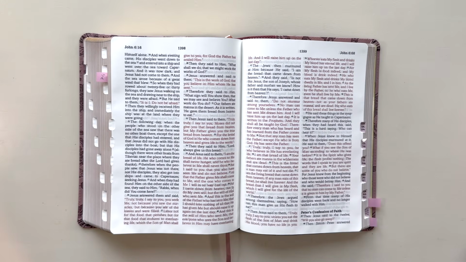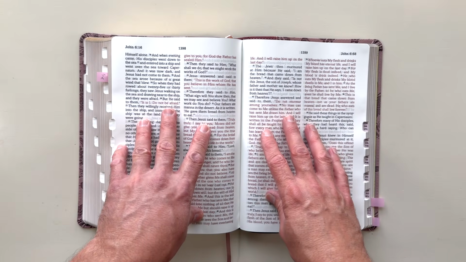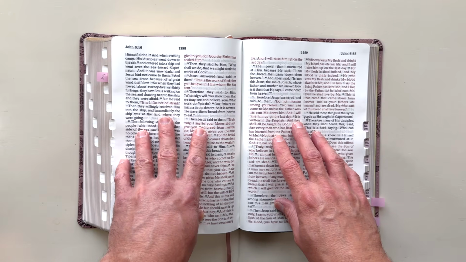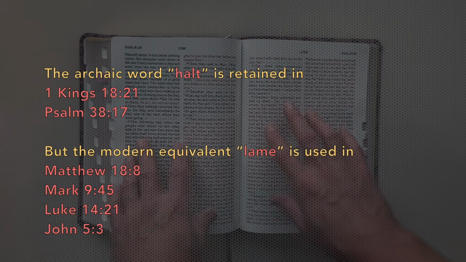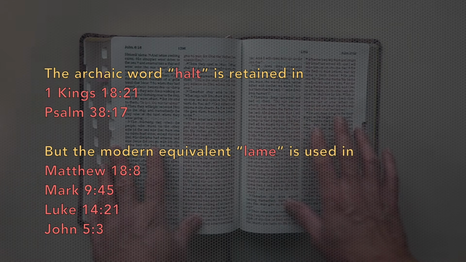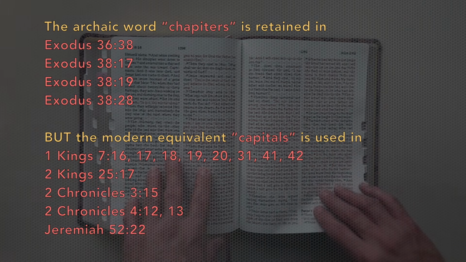So the list that I showed you in the previous one concerning the archaic words, I'll put them on the screen again, because I had thought about making each one of these reviews a standalone review also, in addition to this crazy long format one, but I don't know if I'm going to do that or not yet.